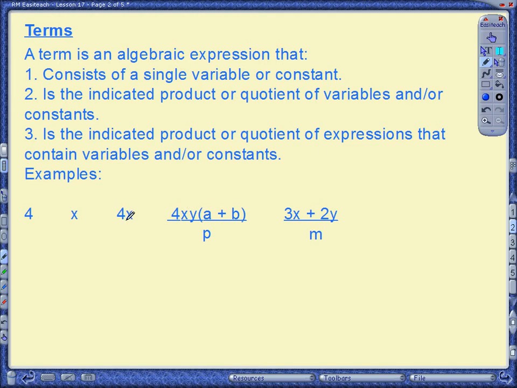This is a product of a constant and a variable, and it's a term. This is a product and a quotient at the same time. We have a product in the numerator, and we're dividing that product by p. And this also is a quotient. We have a two-term numerator, and we're dividing that by m. These are all terms.